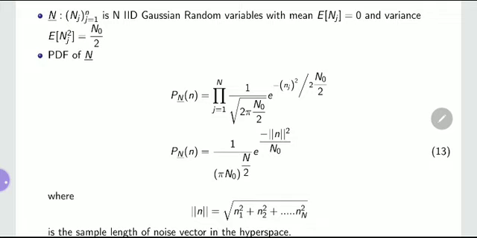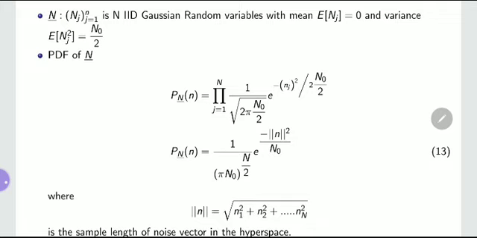So here mean is 0 and variance is n0 by 2, and arranging, you will get it as 1 by pi n naught the whole raised to n by 2 e raised to minus norm of n the whole square by n naught. And norm of n is actually root of n1 square plus n2 square, etc. nn square. So it is the sample length of the noise vector.